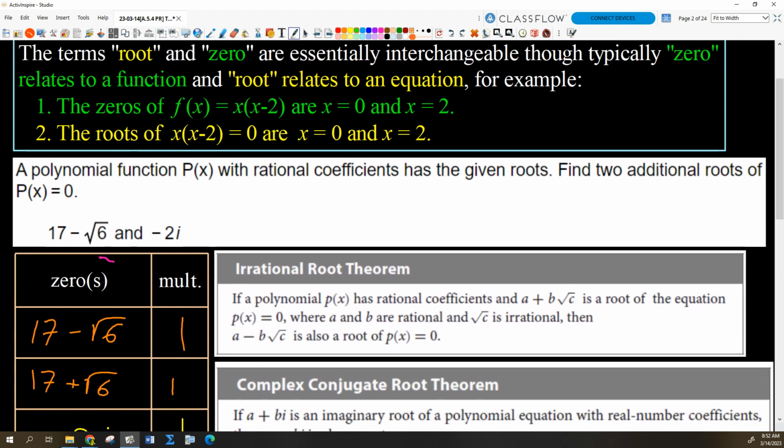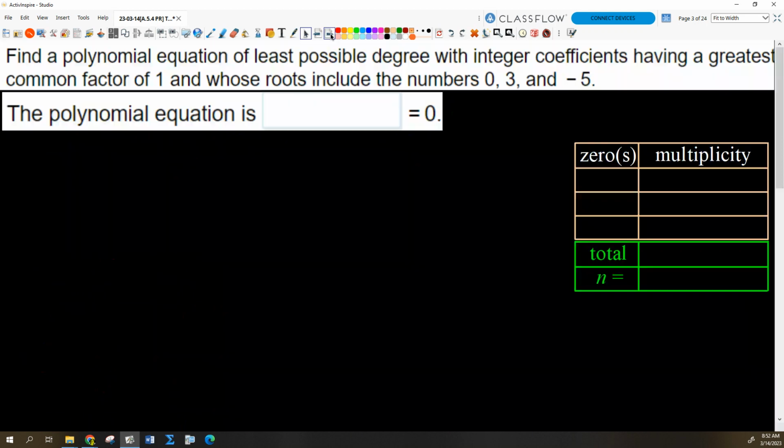All right, so there's one type of question you're going to see. If I give you some zeros, fill in the blanks. What are the other zeros that could go with those? Okay, here's another kind. This time we're going to build a polynomial that has this stuff included.